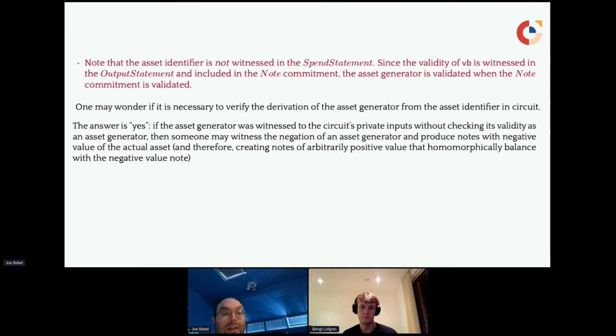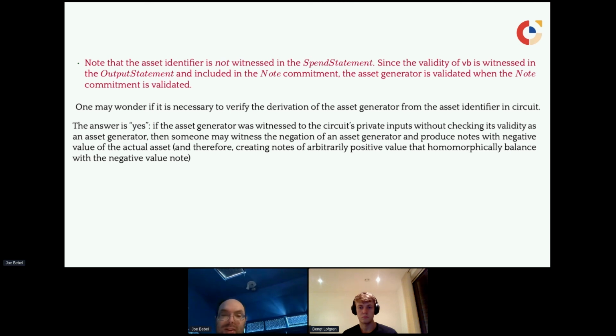Now, that being said, there were other proposals which you can read about in the GitHub Zcash repository, in the GitHub issues, which include one way of avoiding this entirely, and avoiding this Blake2s hash, which is certainly more efficient from a circuit perspective.